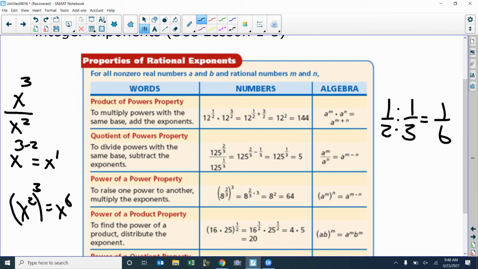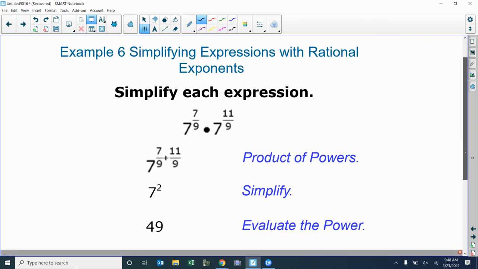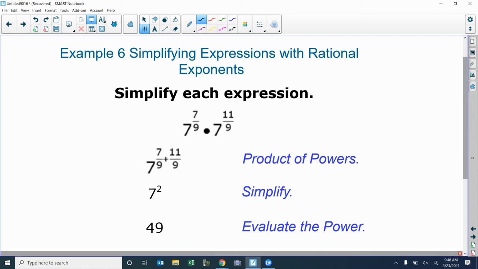So I'm telling you that you're going to get confused. When you multiply a fraction, you just multiply. When you add them, you're going to need to get the same denominator. Try to keep that in mind, okay? So all these properties that you've already used many times apply. So here's one that I want you just to look at. We have 7 to the 7/9 times 7 to the 11/9.